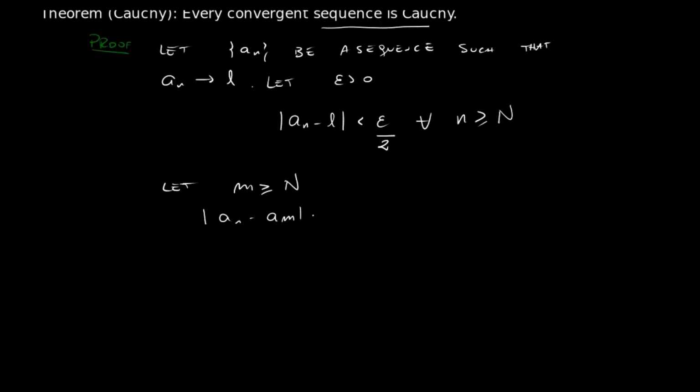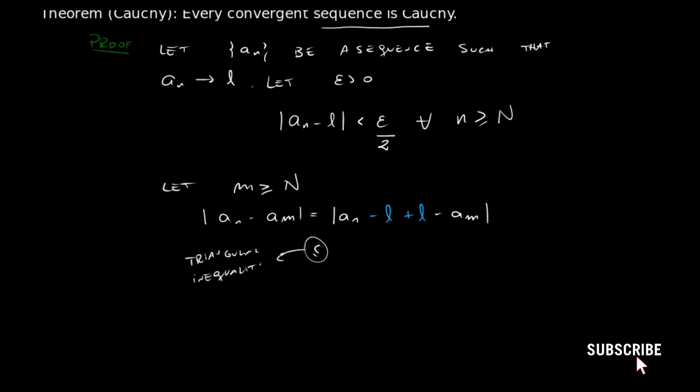So what we're going to do is rewrite this as a sub n minus L plus L minus a sub m. Now we can use the triangular inequality and write this as the absolute value of a sub n minus L plus the absolute value of L minus a sub m.